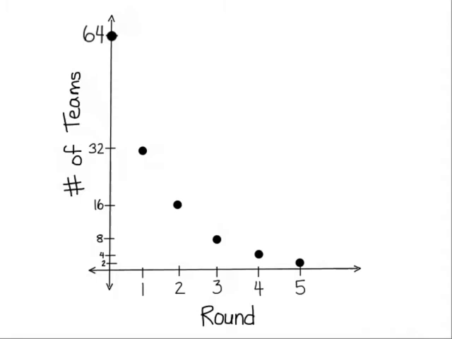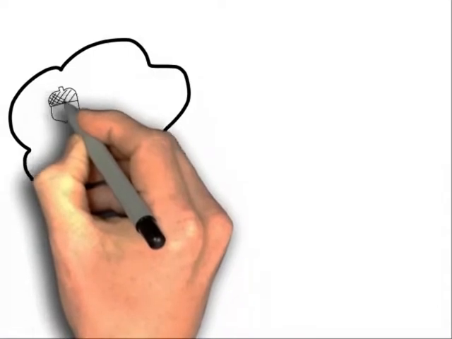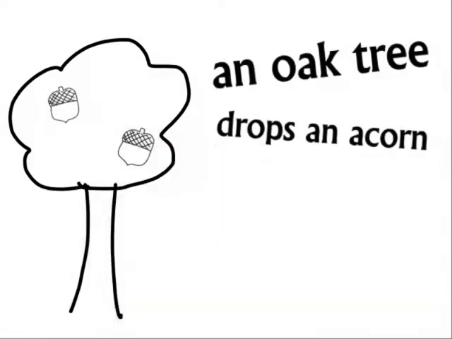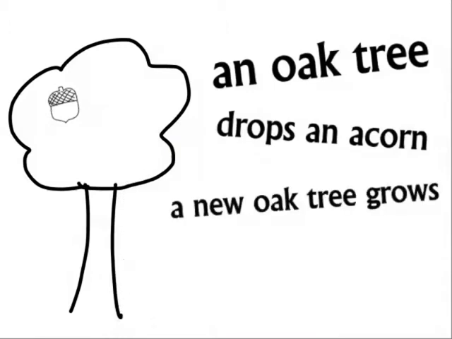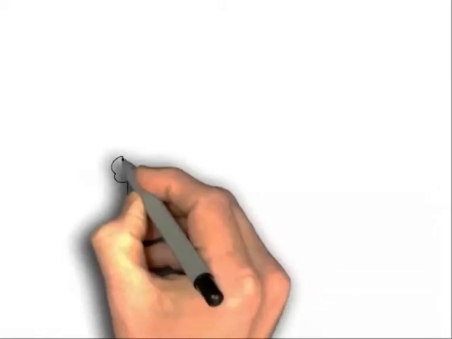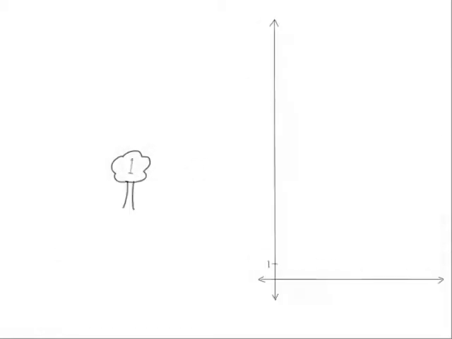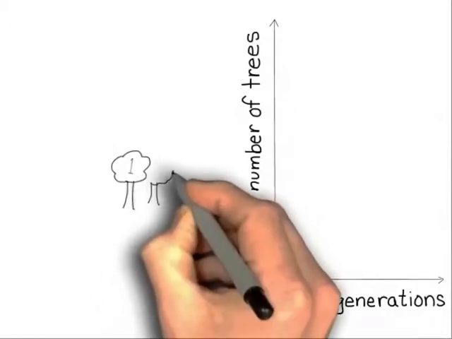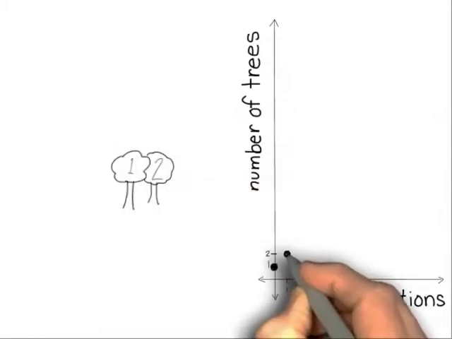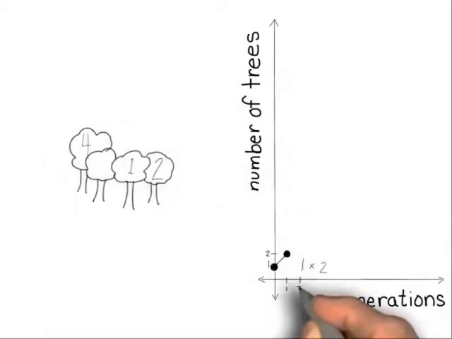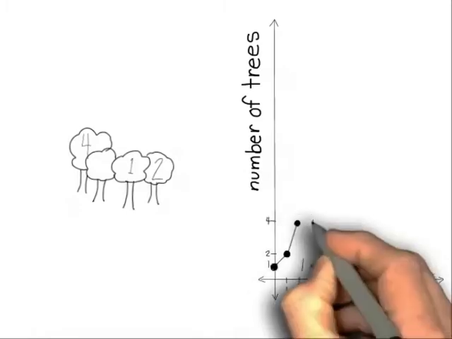Hey, help me with my homework. I'm supposed to investigate plant populations. Do you have a favorite tree? Oak trees. Why? I like the heads the acorns were. So if an oak tree drops an acorn and a new oak tree grows, we had 1 tree, now 2. The population doubles. Keep track of those numbers. 1 oak tree drops an acorn, and then we have 2. 1 tree doubles. Each of those trees drop an acorn, and we double again, 4 trees. So you took what you had before and doubled.